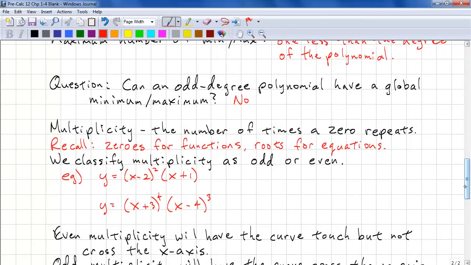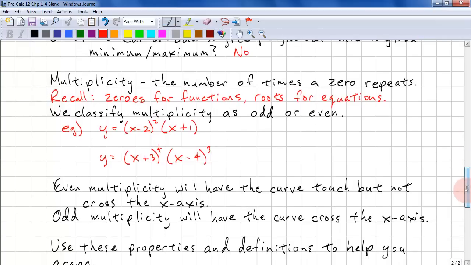Multiplicity. Okay, the multiplicity is the number of times a zero or root repeats. And we say zeros for functions, we say roots for equations. It's a small distinction, but it's important to try to use the right terminology. And we classify multiplicity as odd or even.